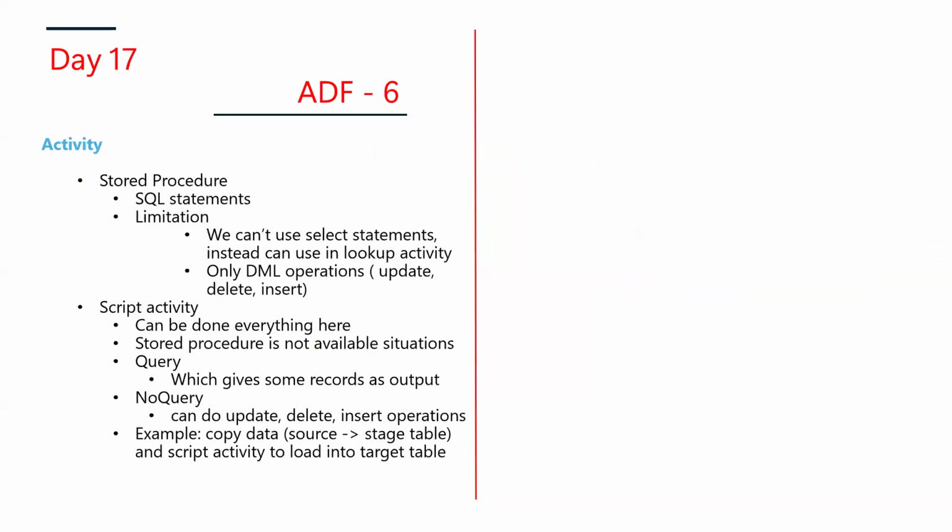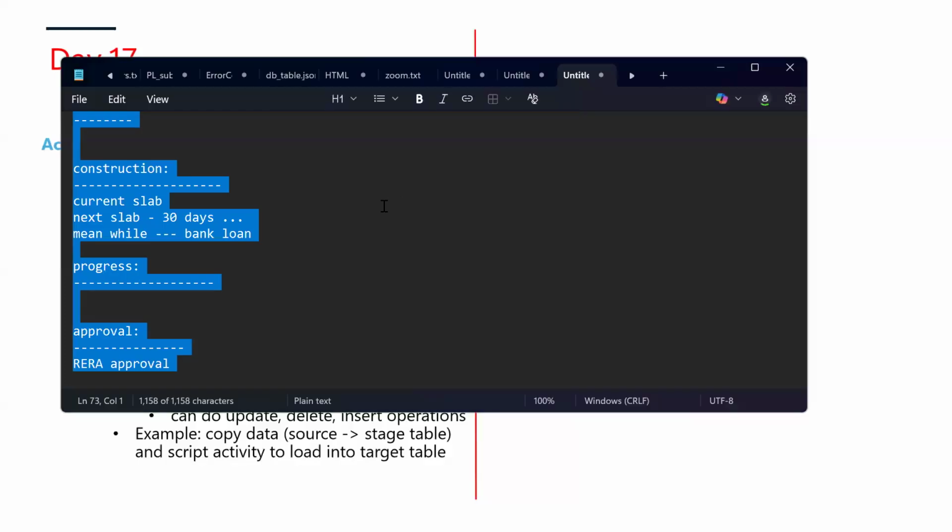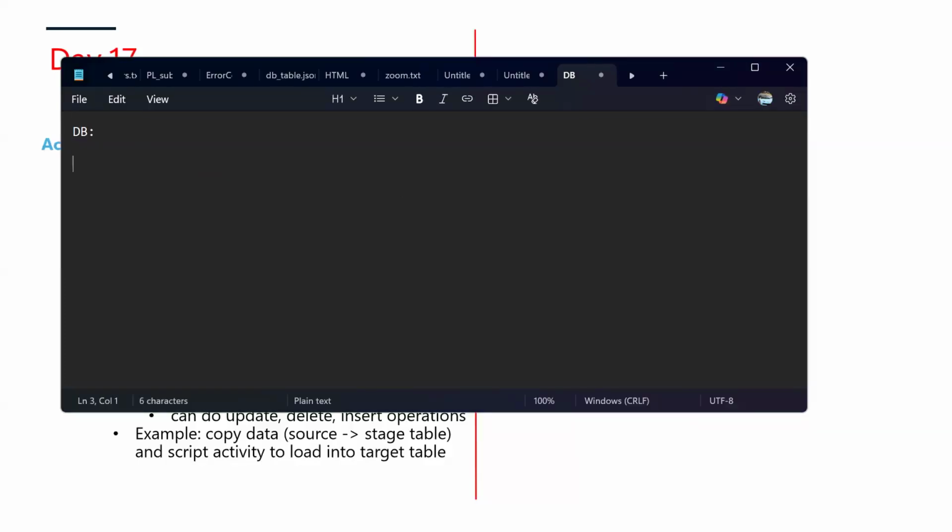Going further, we have a few more activities to discuss, and today we'll start with the stored procedure activity. So what is a stored procedure? At the database level, inside your database you are writing some logic.